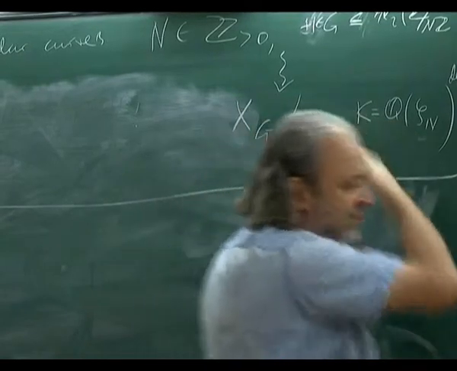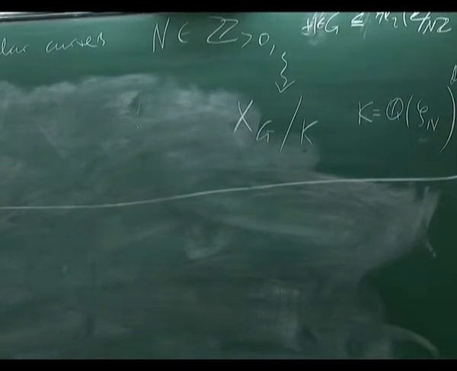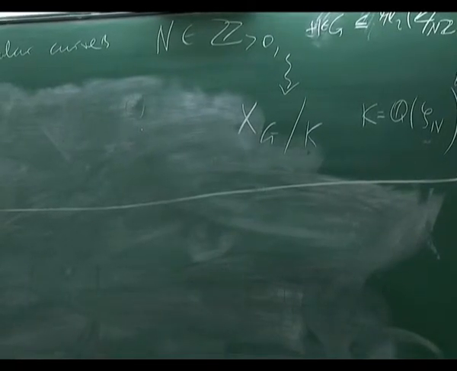Now we have a curve. What is the coordinate? The only natural kind of coordinate here is the j-invariant.